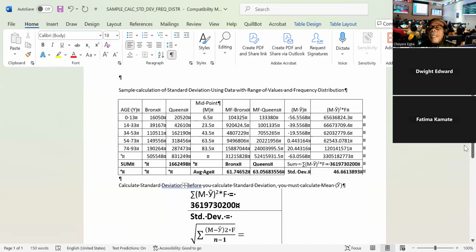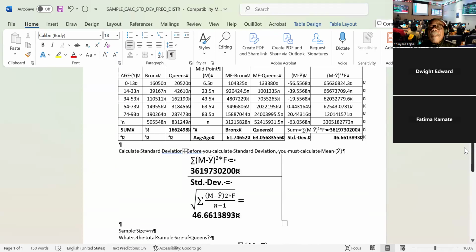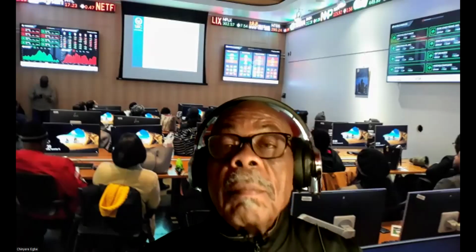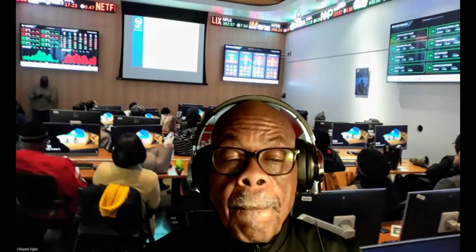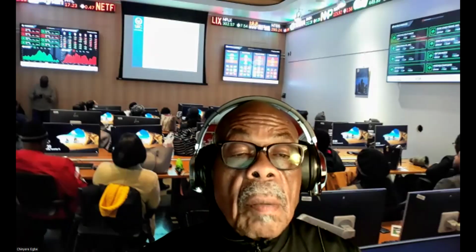And so you calculate the standard deviation. So now, as you can see here, the standard deviations are different for each group. I'm going to pull up a sample of standard deviation calculation and then illustrate how they are used in statistical analysis.